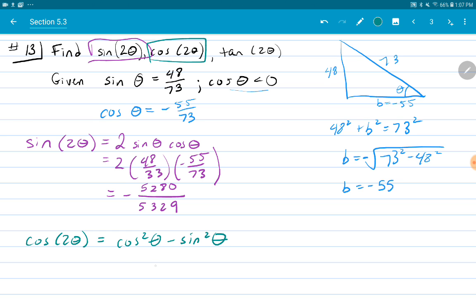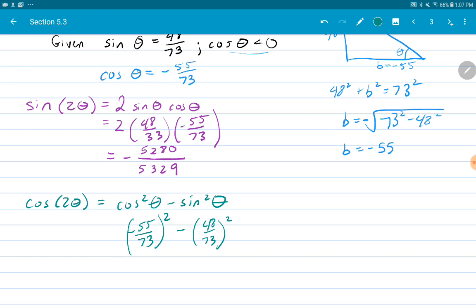And then the cosine is negative 55 over 73 squared, and sine squared is 48 over 73 squared.